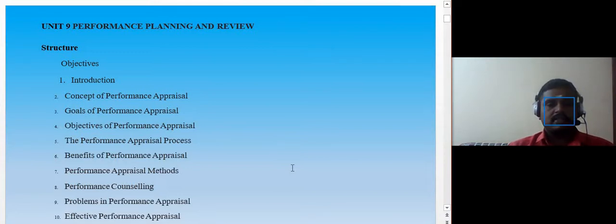Next, the performance appraisal process, the benefits of performance appraisal, the performance appraisal methods, performance counseling, the problems in performance appraisal, and the effective performance appraisal.